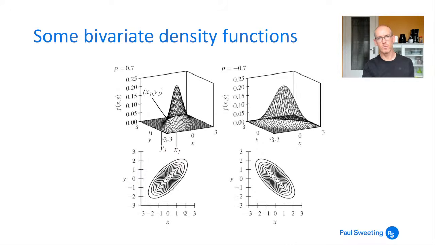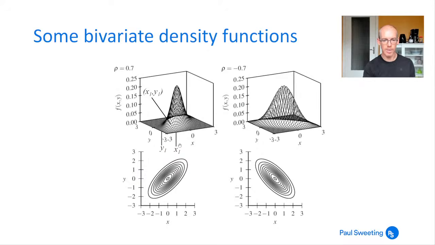So when we were looking at the density functions before, you'd look at, say, x1, and you'd be able to say, well, what's the probability of something being less than x1? Well, here, because it's bivariate, you've got x1 and y1. So what you'd be looking at instead would be the probability of something being less than, where x was less than x1 and y was less than y1.